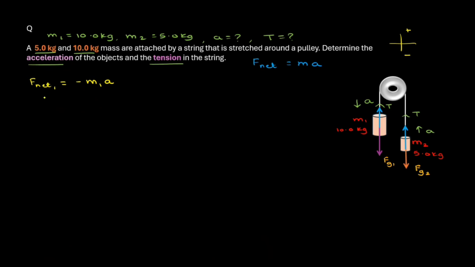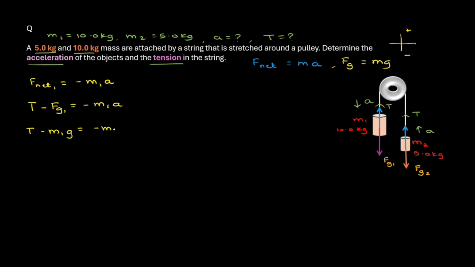So I can write F net 1 as the sum of the tension force and force due to gravity. Tension, since it is pointing up, I take positive. Force due to gravity Fg, since it is pointing down, we take negative. So T minus Fg1 equals minus m1 into a. Fg we know is given as m into g, so I will substitute that here: T minus m1g, m1 because we are finding this for mass 1.